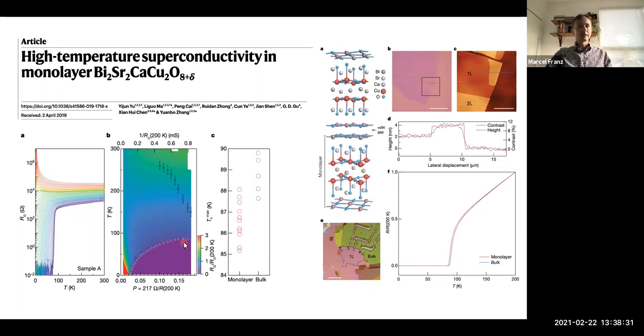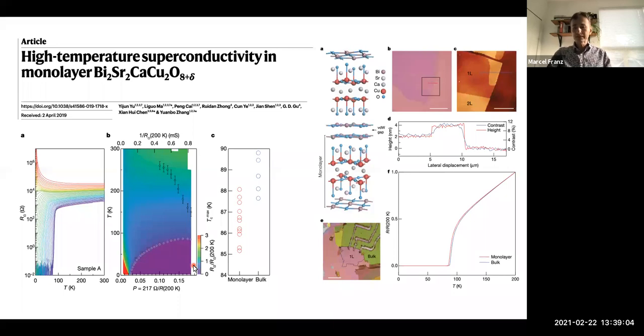This is known in bulk crystals, where you have to elaborately grow each single crystal at each doping separately. In this monolayer, this data is taken in a single monolayer where, through annealing and oxygenation, they can change the doping in that single monolayer. So they can map out a considerable portion of this phase diagram. And importantly, it remains superconducting, and you can go back and forth and manipulate this monolayer.